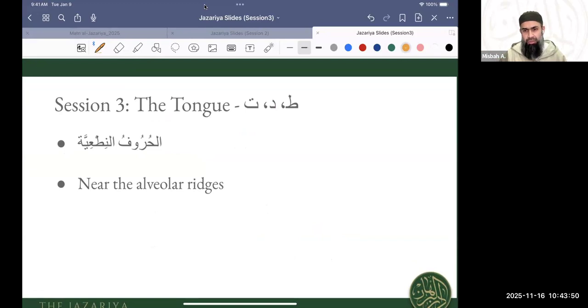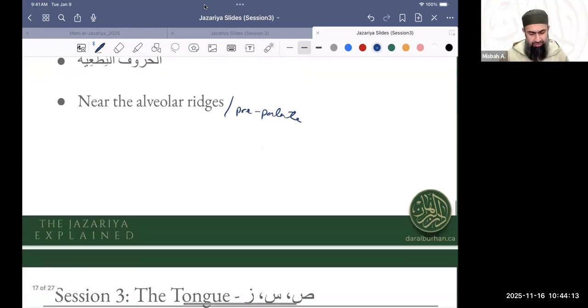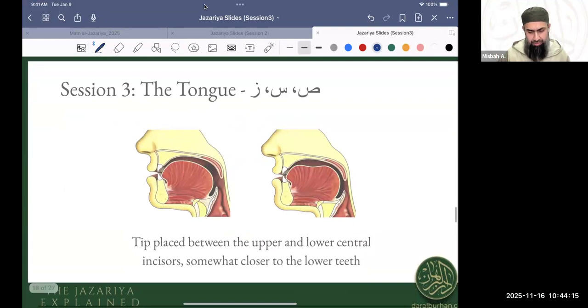So palate meaning soft, hard, and then in front of it is the pre-palate or the alveolar ridges. You can express it that way. I've seen it written pre-palate. All right. So that's nita'. So nita'iyya, meaning that they're right near them. Okay. Sorry, I should remember that this is a slide afterwards. I keep forgetting. طيب.